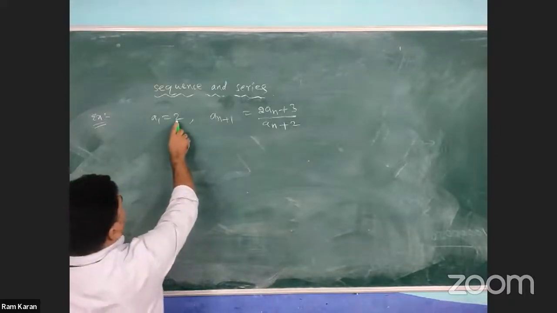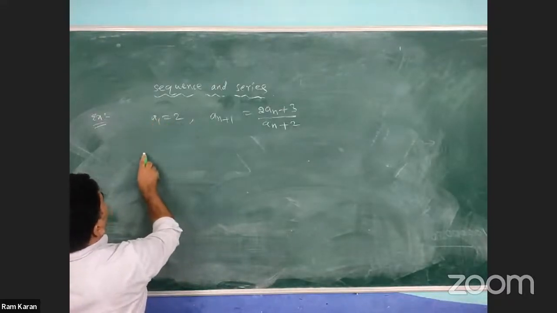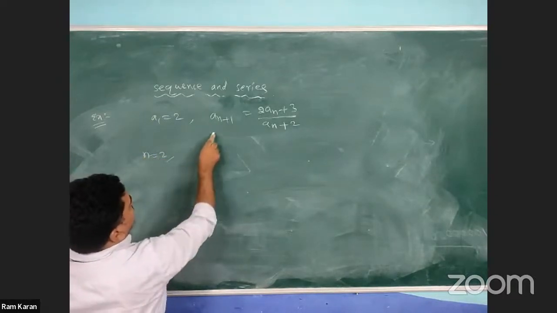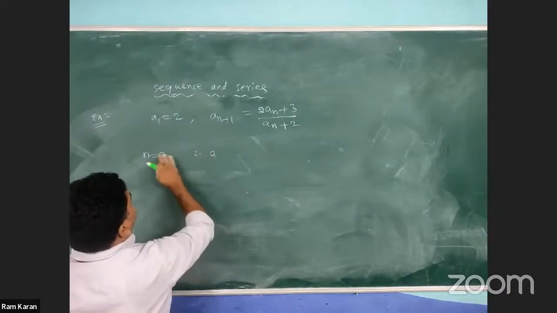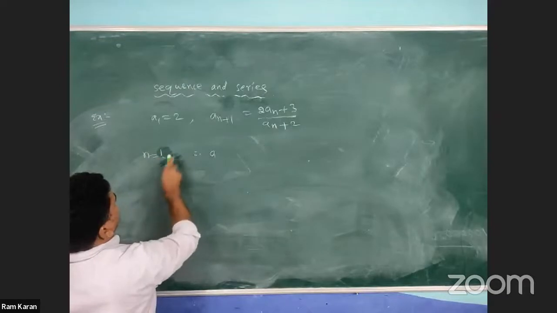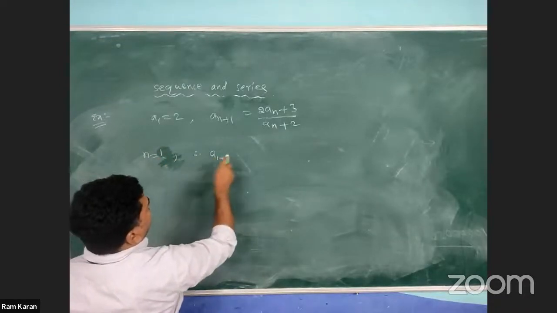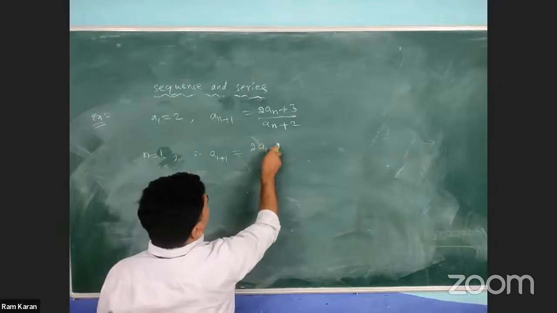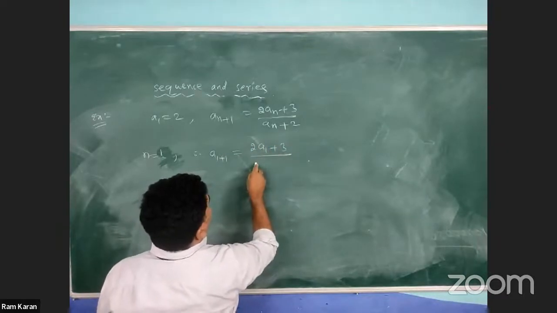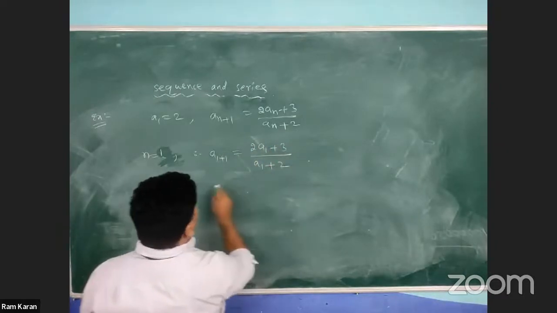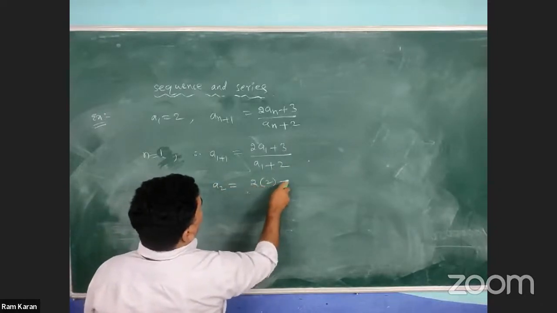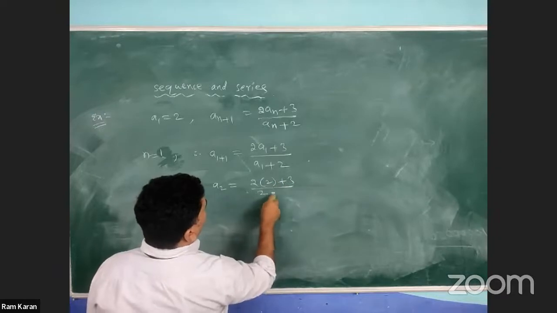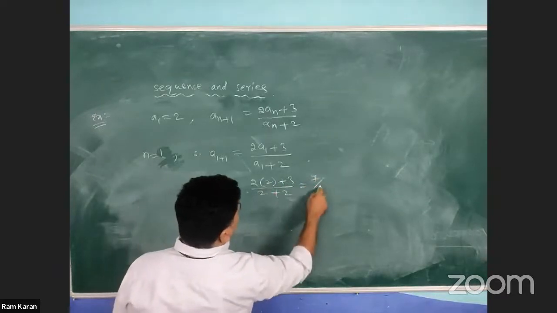So you have a_1 = 2. Substitute n = 1: a_2 is equal to (2 a_1 + 3) by (a_1 + 2). So a_2 is 2 into 2 plus 3, by 2 plus 2, which is 7 by 4.